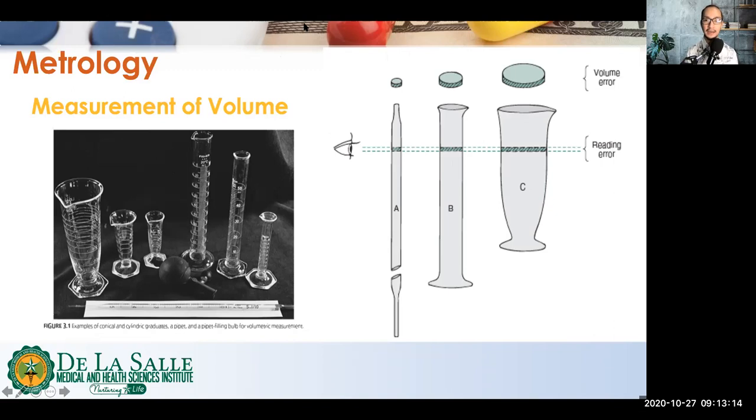And that error is due to the apparent differences in the way that we see the graduations in the glassware. So it is often mentioned, and it is also required in the United States Pharmacopoeia, to always read measurements at an eye level, okay? And the reason for this is to minimize what we call your parallax error.